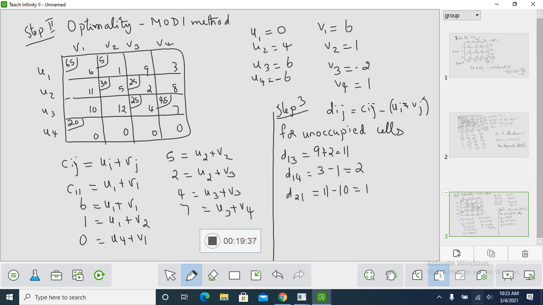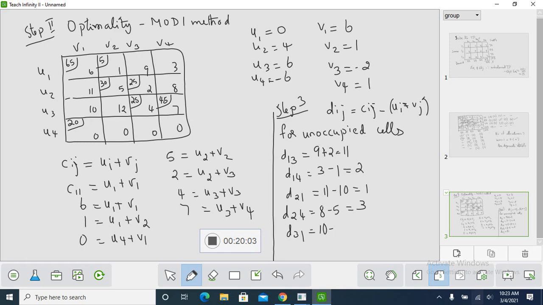After our D21, I have to calculate D24. What is D24 for me? D24 is 8 minus (U2 plus V4). 4 plus 1 is 5. Value is going to be 3. Then I have to calculate D31. What is D31? D31 is going to be 10 minus (U3 plus V1).